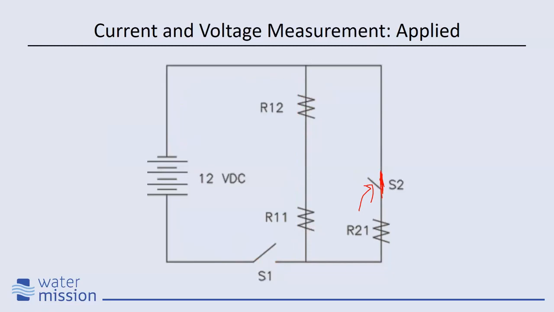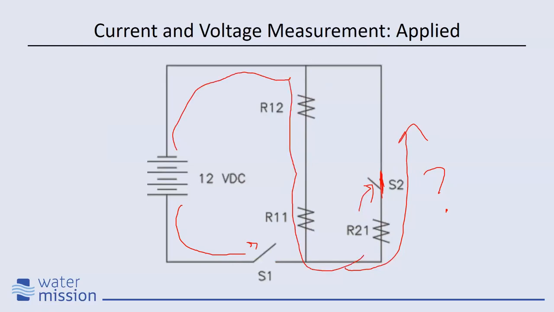Now let's say that this switch has been closed, and we now open this switch. What happens? Do we get a flow of electricity through this branch? No, we don't. Why not?